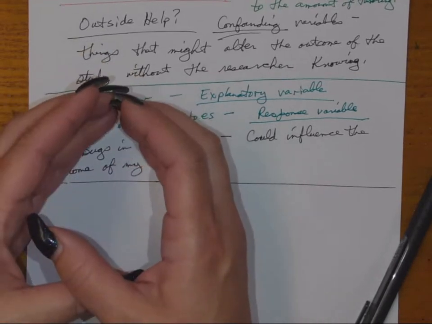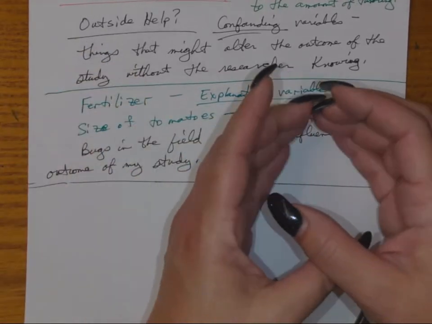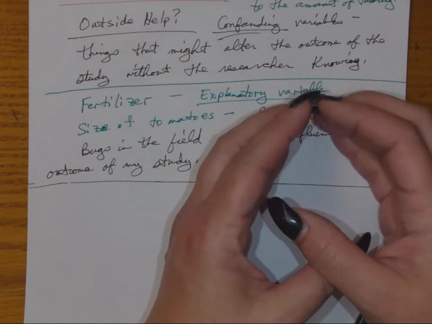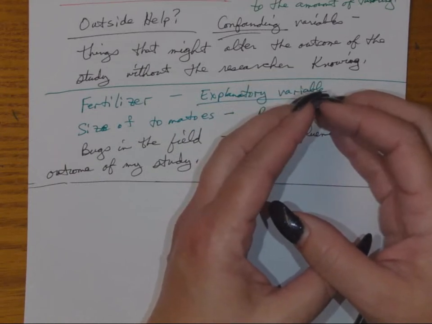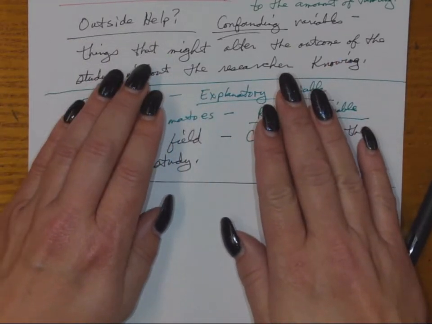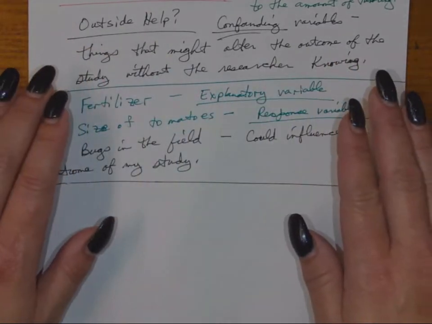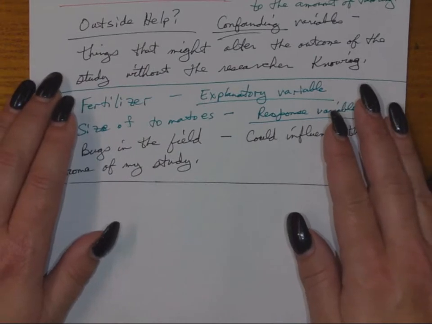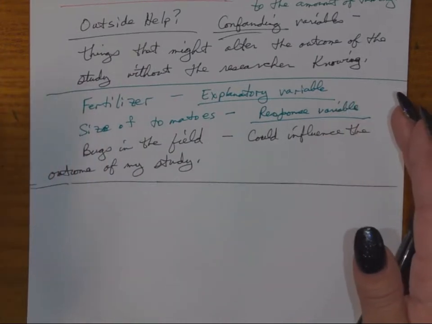They're getting this insecticide. Over here is my control group not getting any fertilizer, but they also get insecticide. Okay, that way I could say, oh, the bugs are equally taken care of in both groups as long as I apply it regularly the same way in both groups.